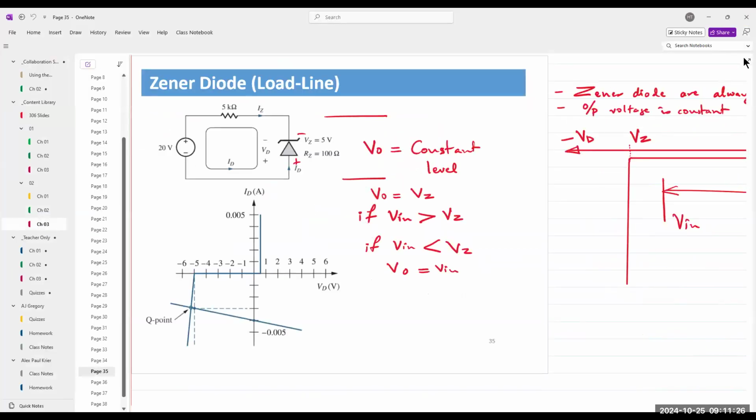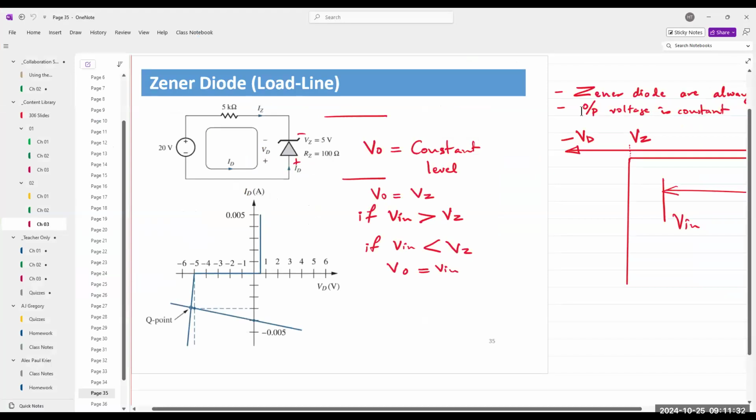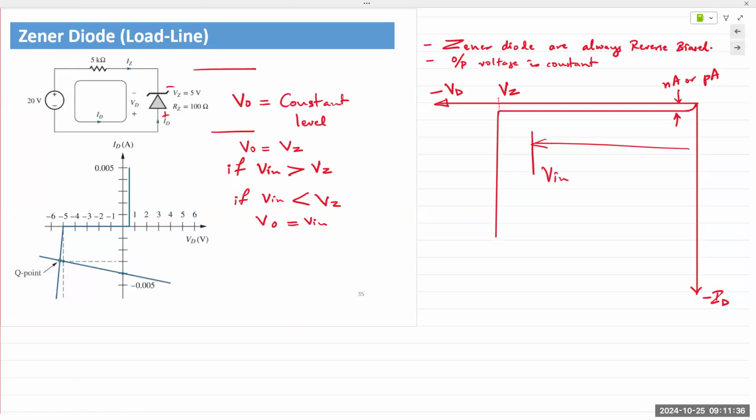All right, so we introduced Zener diodes last class. We spoke about how Zener diodes are used exclusively in the reverse bias, right? In the forward bias, they would work as a normal diode, but it would kind of defeat the purpose.